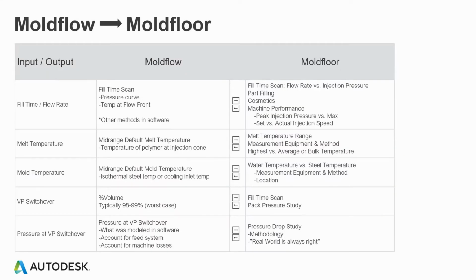This is our Moldflow to Moldfloor, if you want to call it a worksheet. I teach all of our molders here through our molder series in our advanced classes to use this sheet and this workflow. So what we see is two columns here: a Moldflow column and a Moldfloor column.